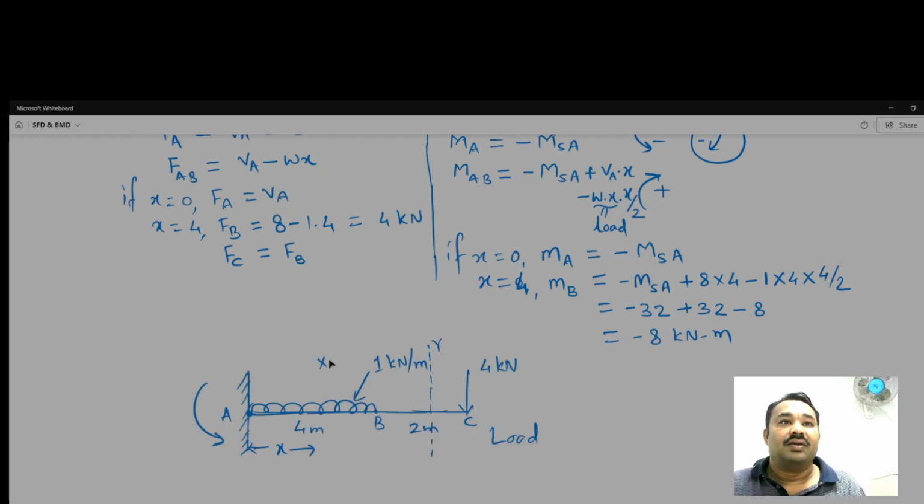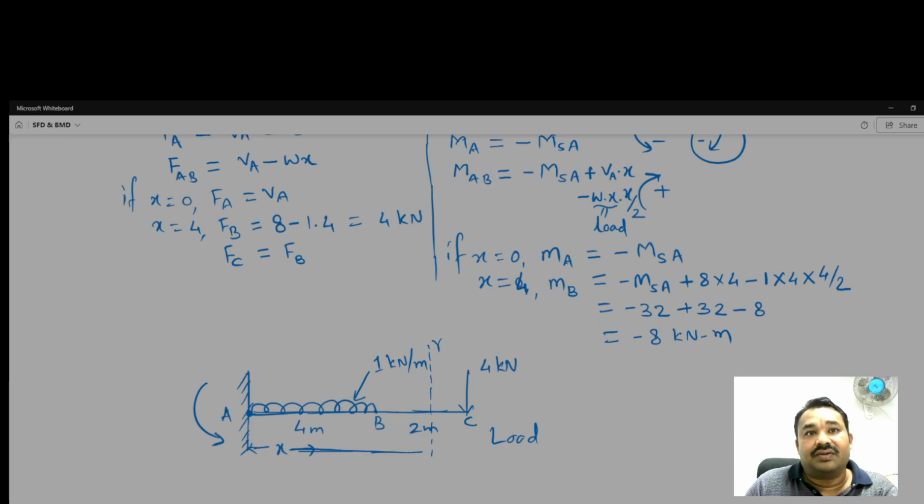Okay, for this now what will be? This will be X from here. Now it is measured from the YY.